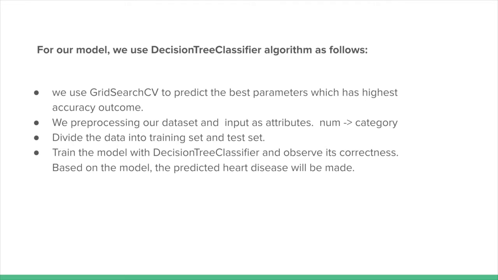When we use the model, we use several processes for this decision tree algorithm. First, we use the grid search CV algorithm to find the best parameters, which can give us the highest accuracy outcome.